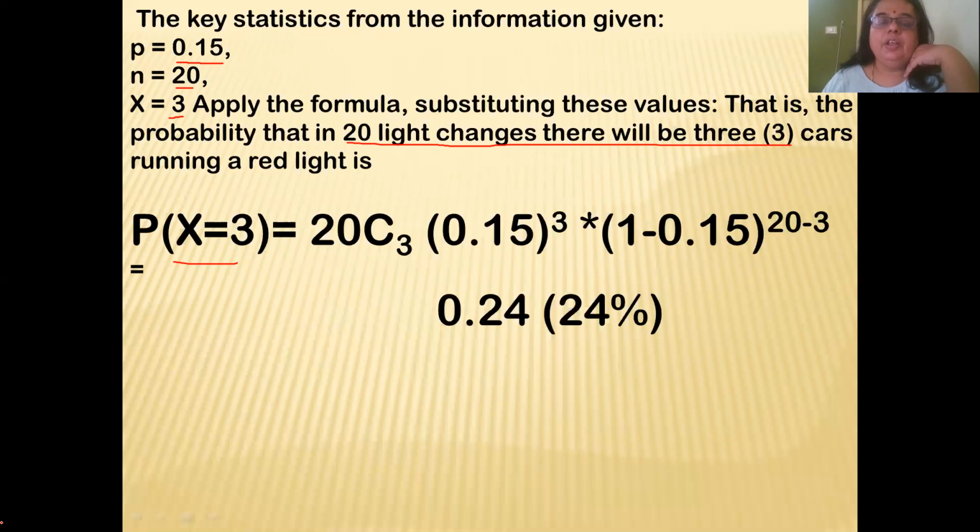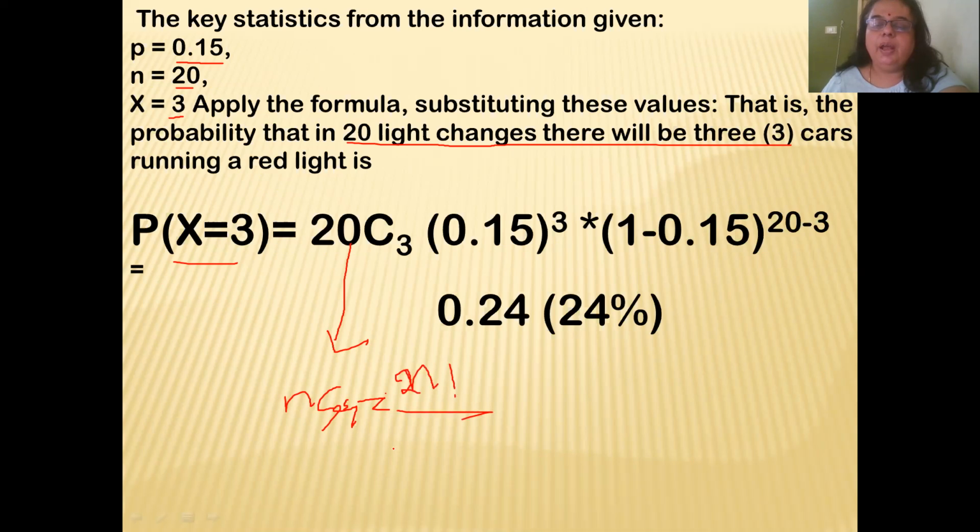How can we calculate 20C3? NCR is equal to n factorial by R factorial into n minus R factorial.